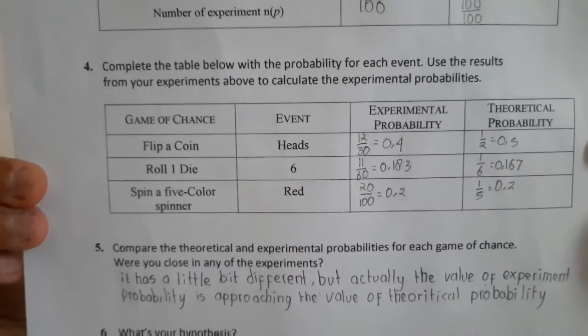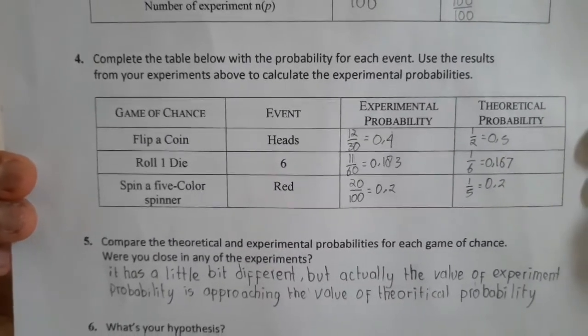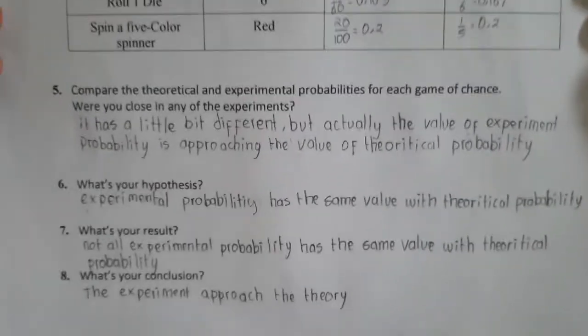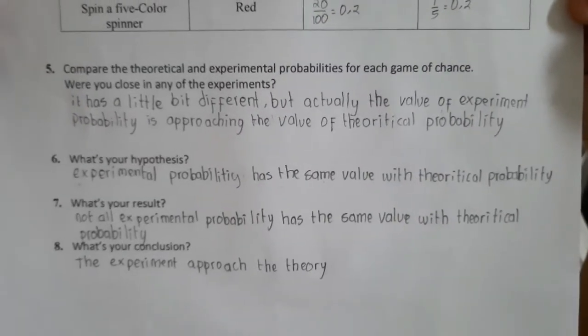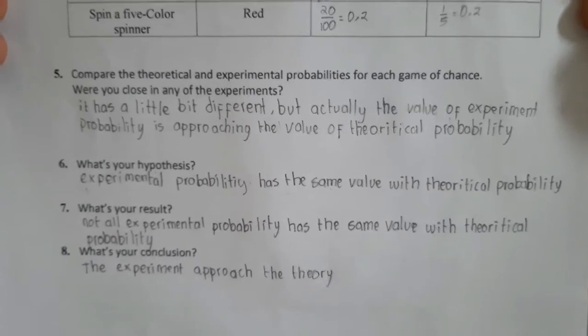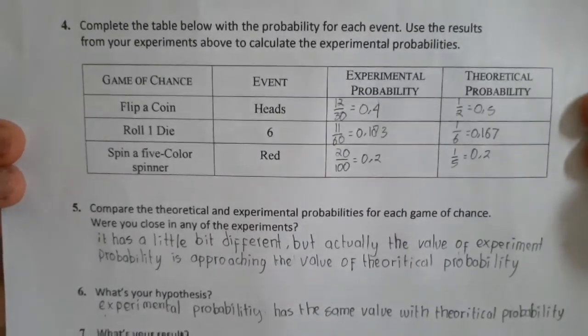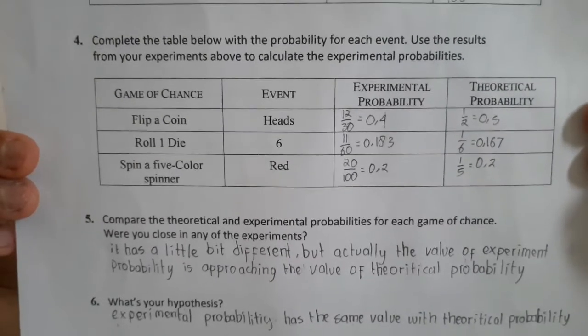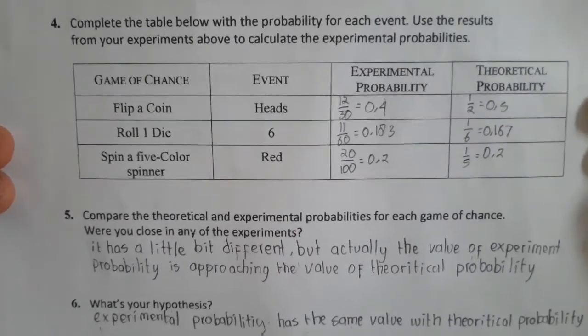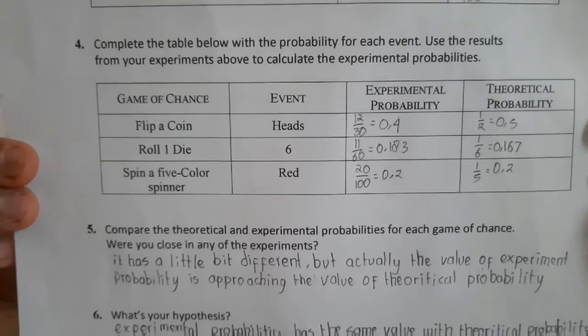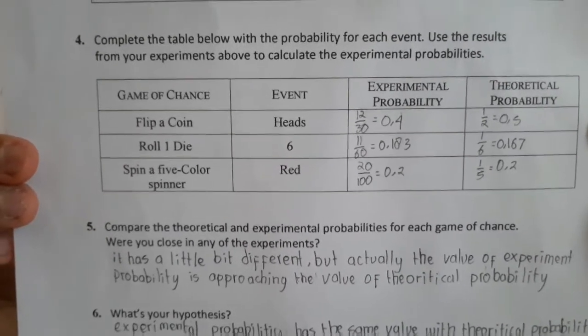I don't know, Miss. You don't know. So I think you correctly said that the experiment approaches the theory, but the approach can have the same value as the theoretical probability. So that's the answer.